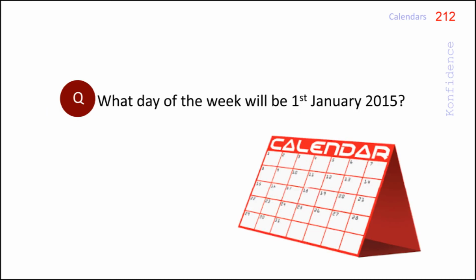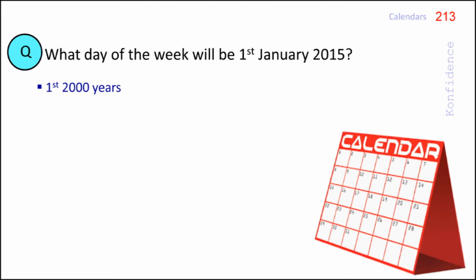What day of the week will be 1st January 2015? For the first 2000 years, there will be 0 odd days because every bunch of 400 years will have 0 odd days. Therefore, the first 2000 years will have 0 odd days.